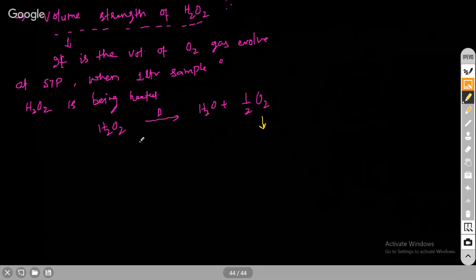From this equation you see 1 mole gives half mole of O2.